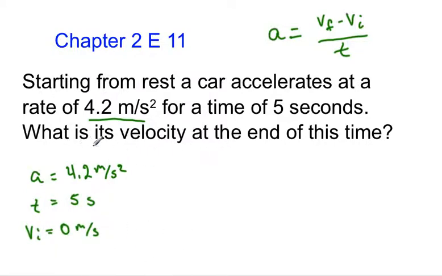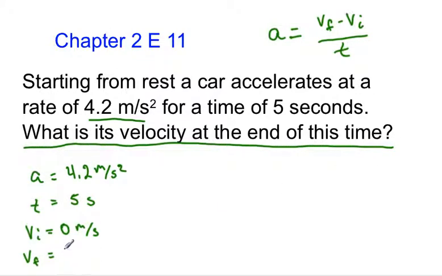And it's asking what is the velocity at the end of this time, so we're looking for VF. We'll find it in meters per second because our acceleration is meters per second squared and our time is seconds, so it's easiest if we just find it in meters per second.